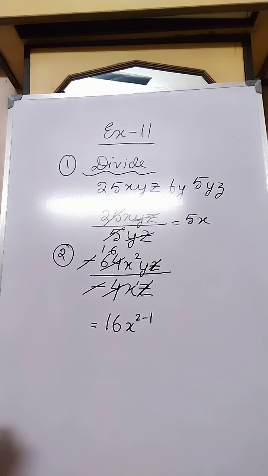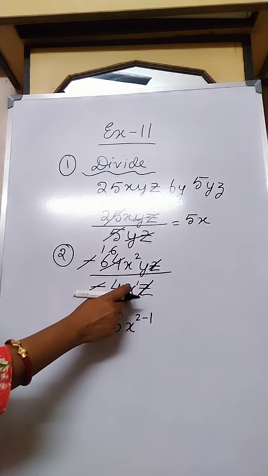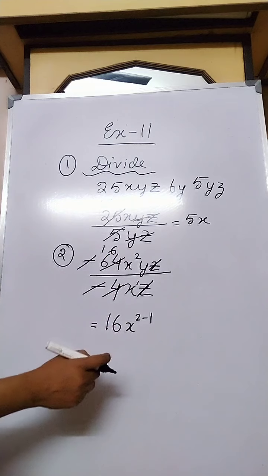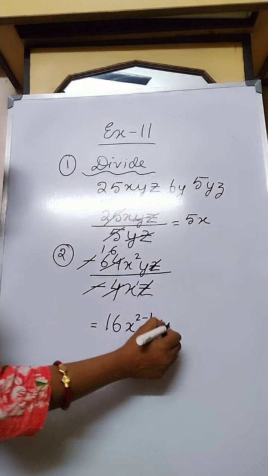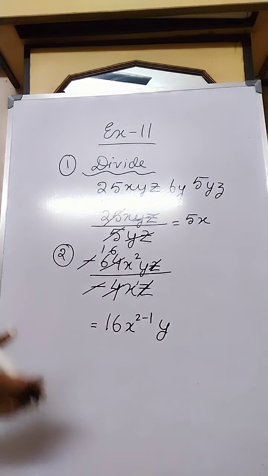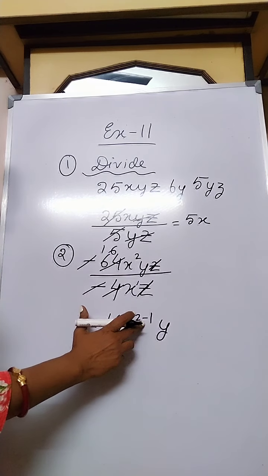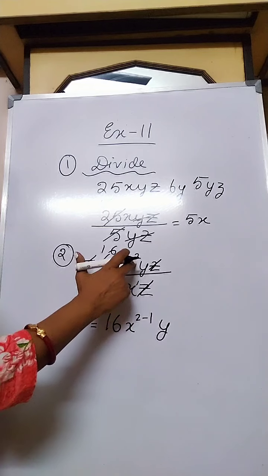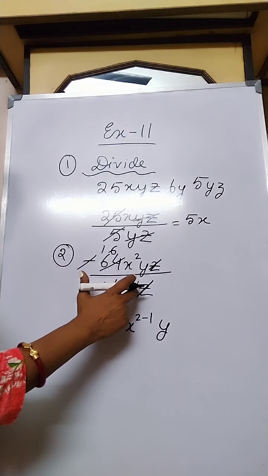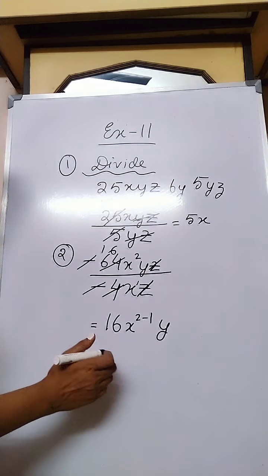You are subtracting the denominator x to the power 1 from the numerator. And y will remain as it is because there is nothing to cancel with y. There is no y in the denominator. That's why y will remain, and the x power will be subtracted because x to the power 2 divided by x to the power 1. In this case, the power is subtracted.